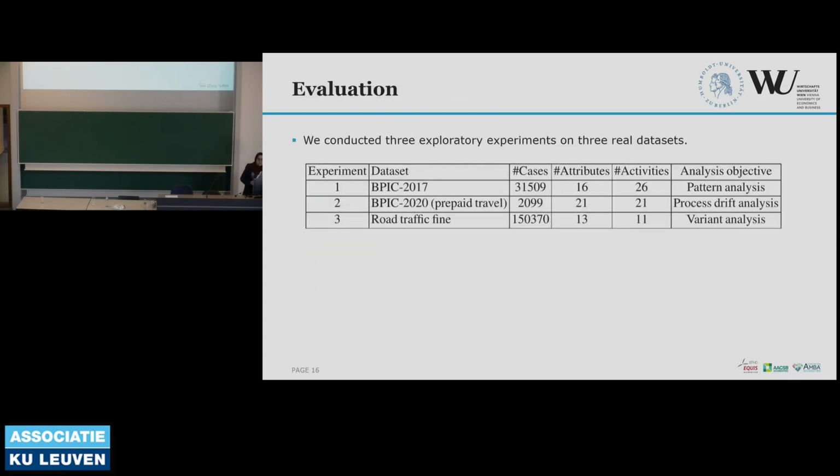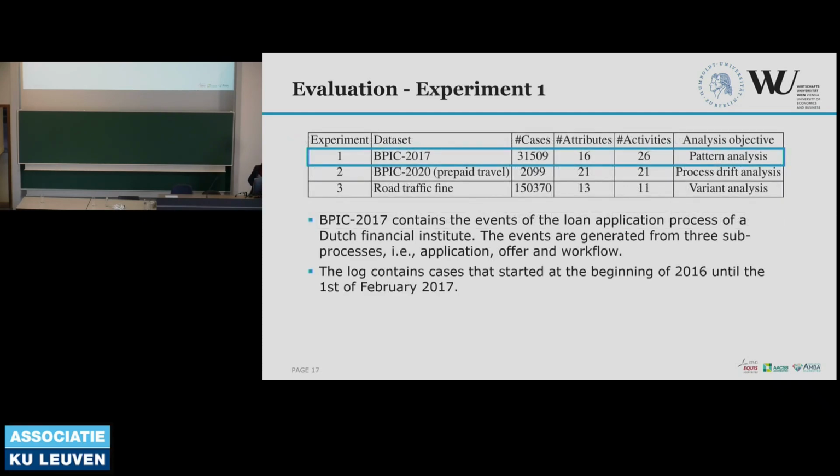To evaluate our method, we did an exploratory study, just to understand if it will provide some insights or not. So the first experiment, we do a pattern analysis. We try to understand why some events are correlated together, if there is some information on the data objects that can lead to this event correlation.